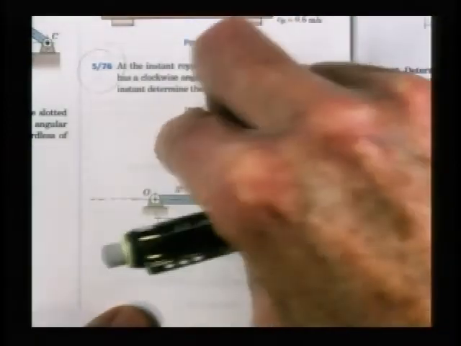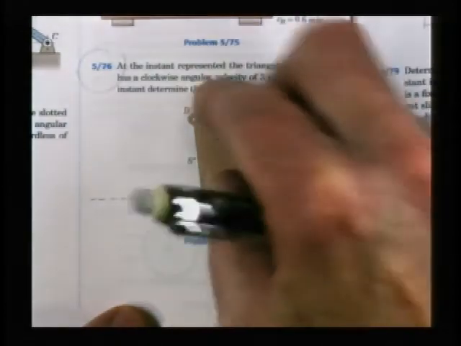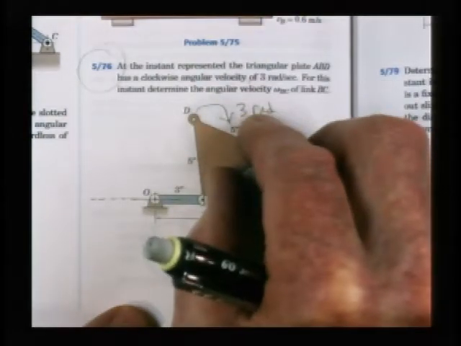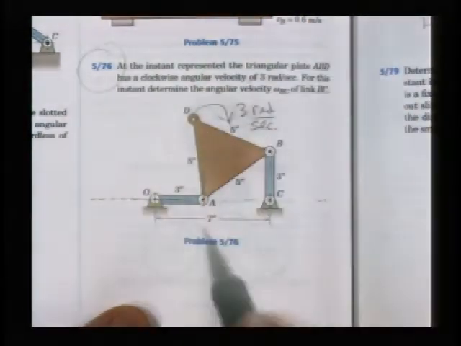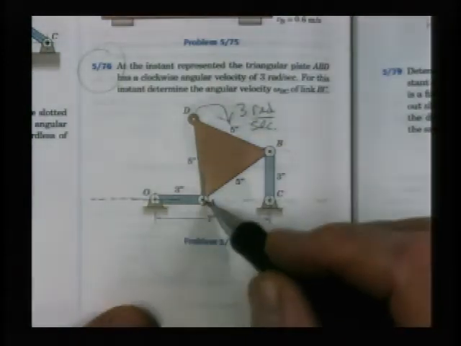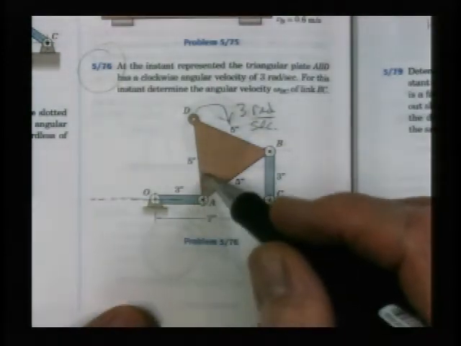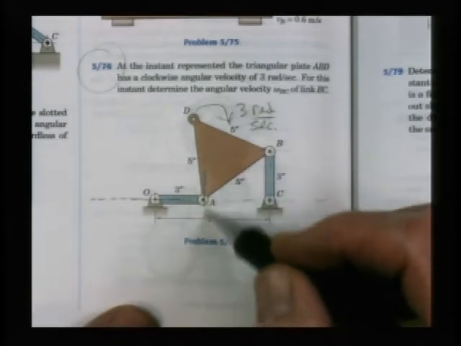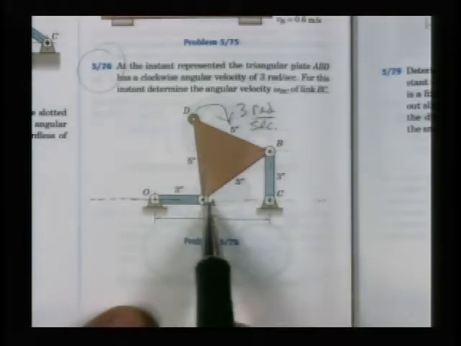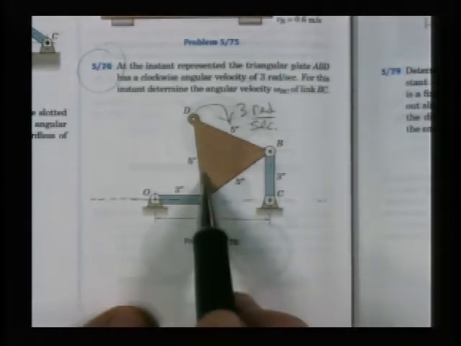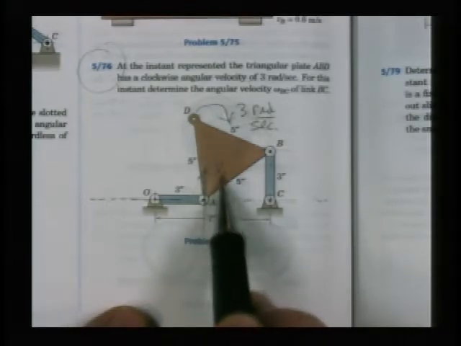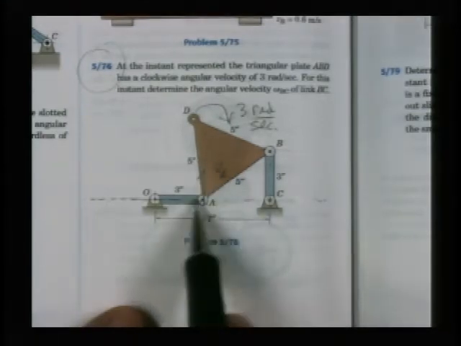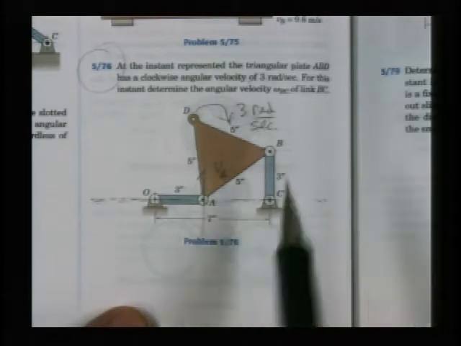The plate here is rotating clockwise, so it's causing this point A to lift up. It's actually not too important that you know that, but it's along this line. So the velocity of A has to be along this line, and perpendicular to it is going to be the IC of the plate.